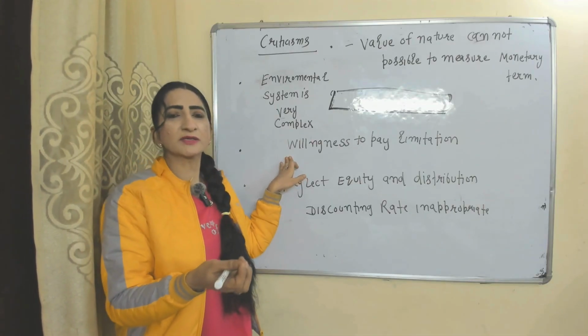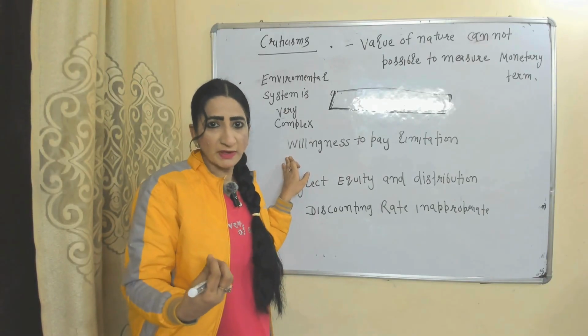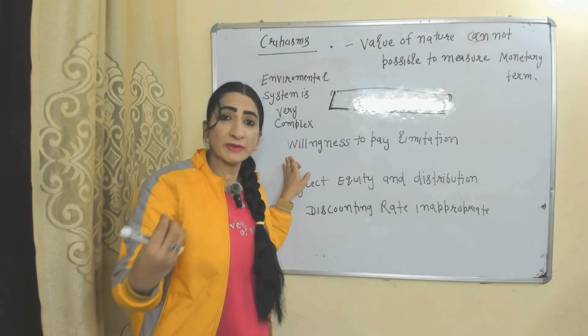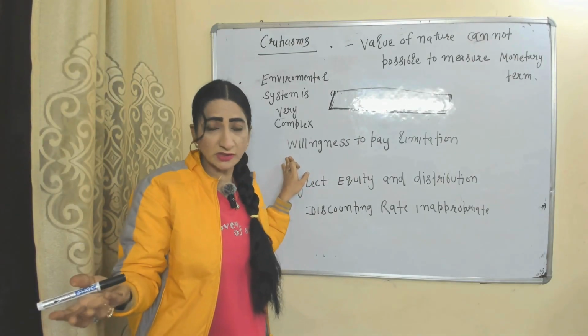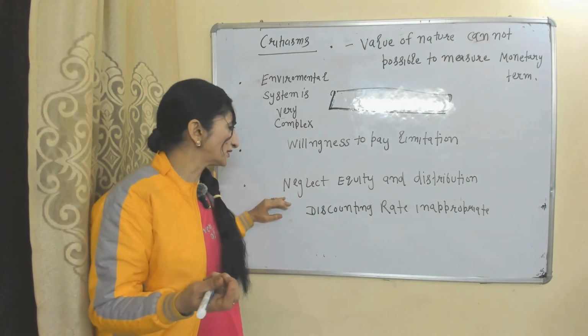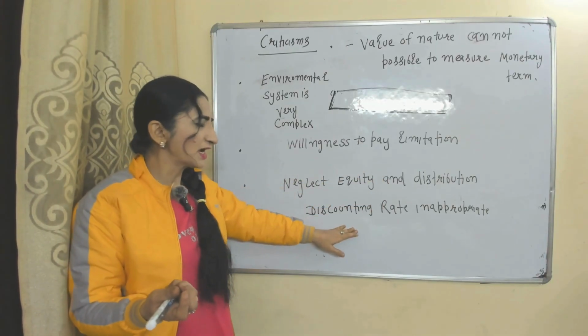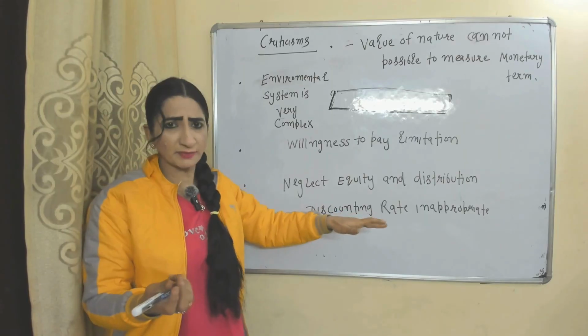According to this, we ask people how much they are willing to pay for environmental goods. Rich people will be willing to pay more, but poor people will be willing to pay less. So this is not a correct measurement of environmental goods. This analysis neglects equity and distribution, and using a discounting rate under net present value is not appropriate.